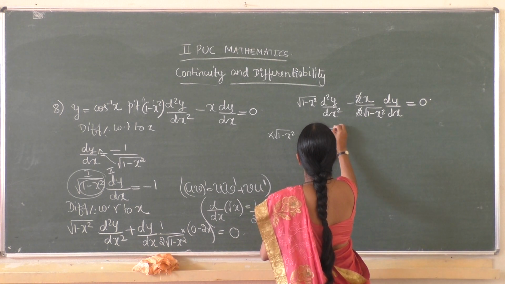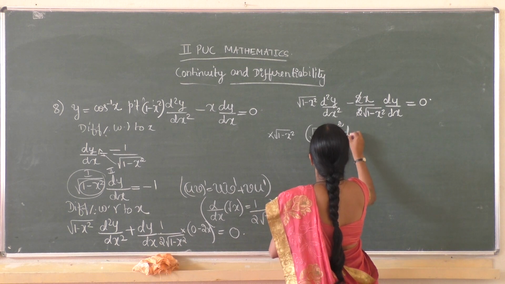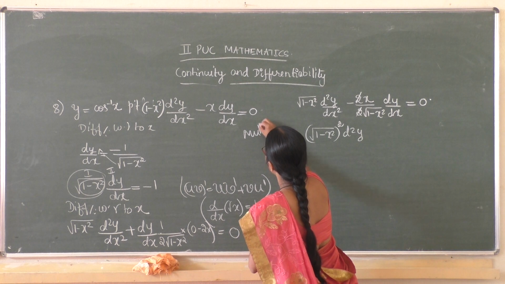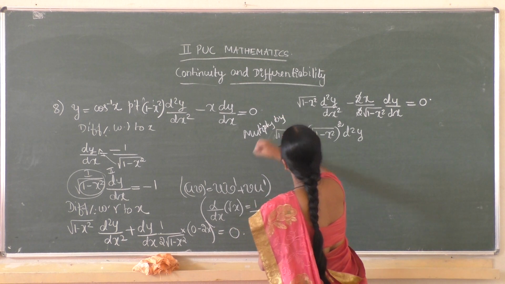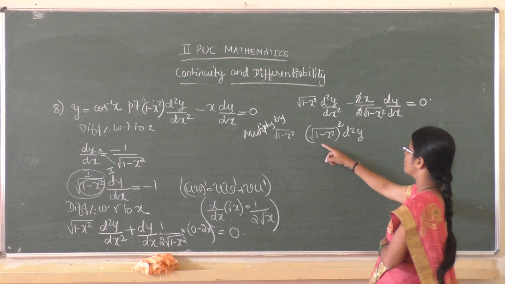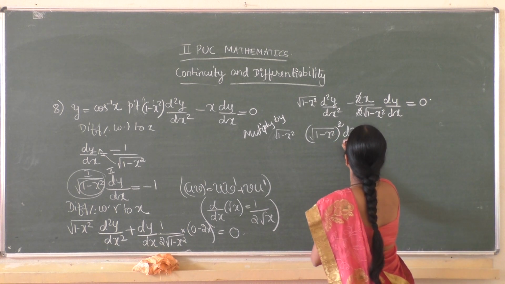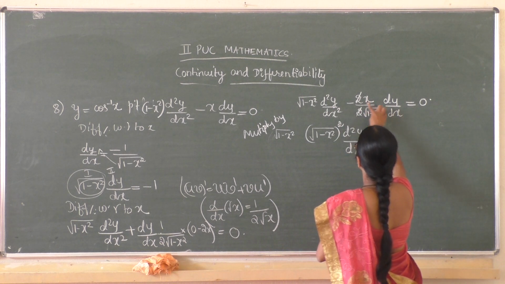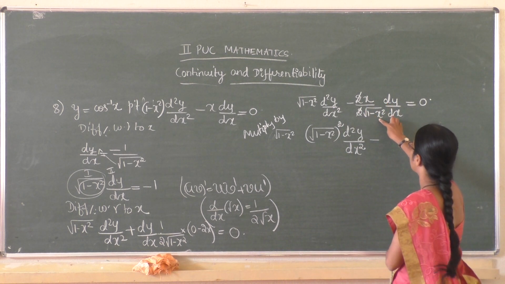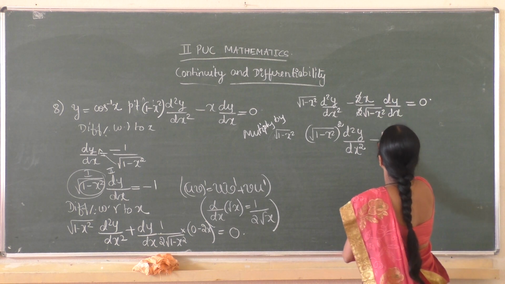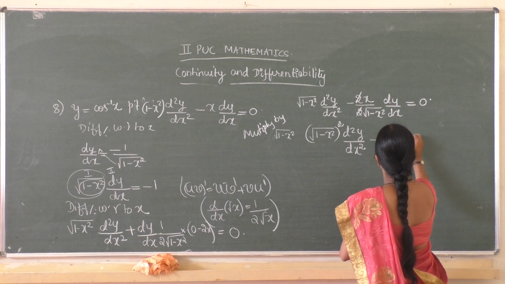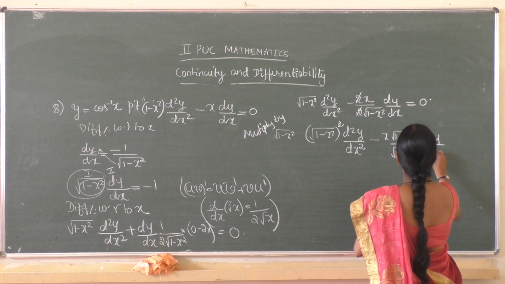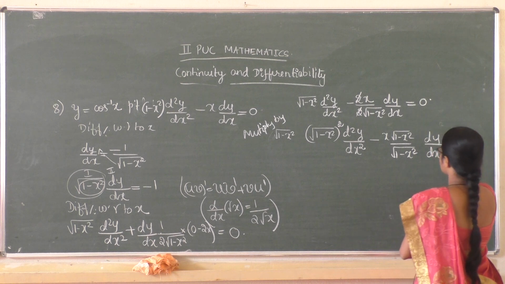Root of 1 minus x square whole square into d square y by dx square minus, while multiplying with root of 1 minus x square that cancels, or you write one more step, root of 1 minus x square into dy by dx is equal to 0.